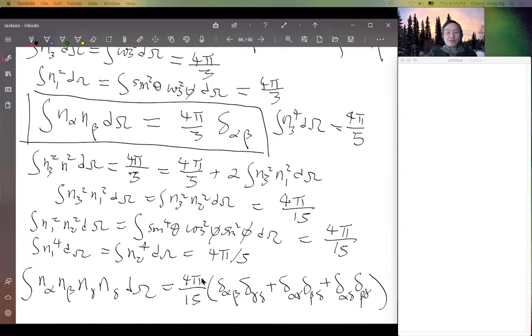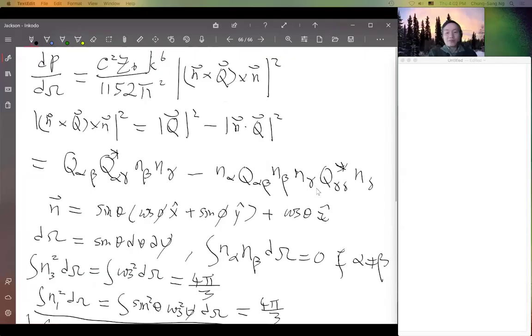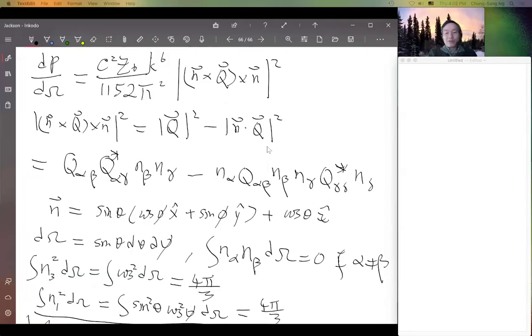Okay. Then you get 0. All right. So once you have that, you know how to integrate the second term because that's the only proportion of this n alpha times n beta times n gamma times n delta. And you can integrate it out.